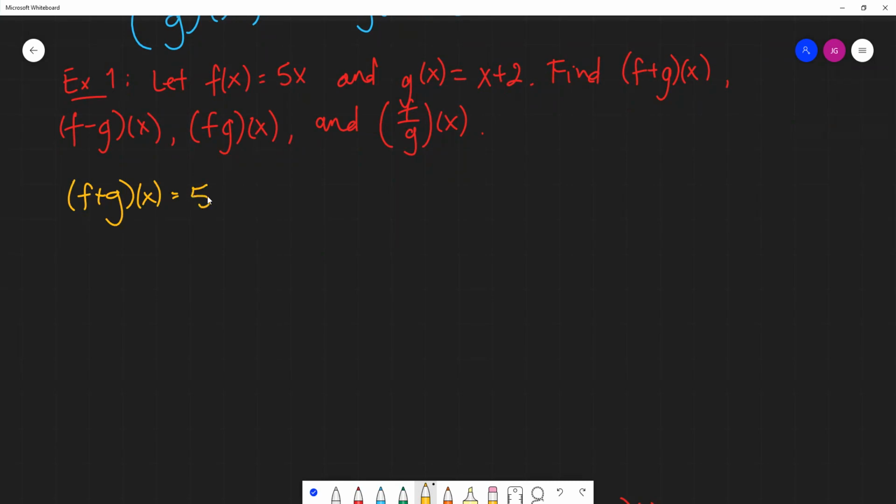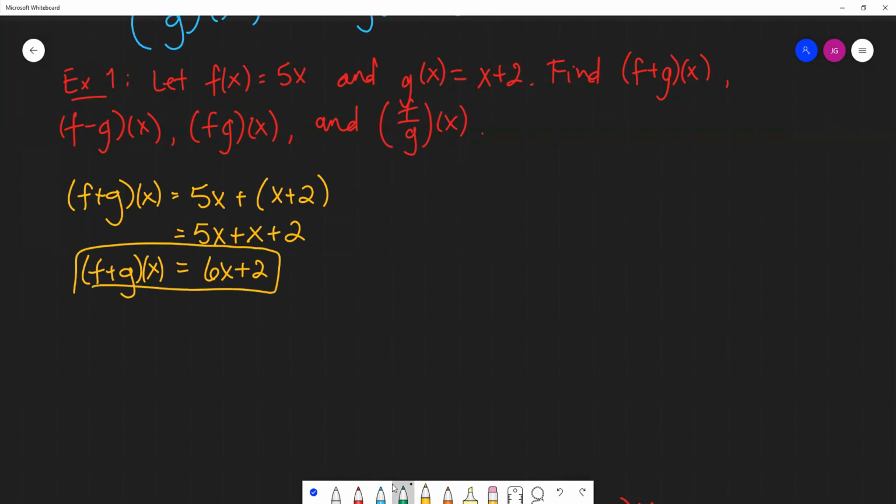So that's going to be 5x plus, I'm going to put parentheses around it for good practice, x plus 2, because it's an entire thing. But really, because it's addition, it's not going to change what I do. It's just going to be the same thing as 5x plus x plus 2. Combine like terms, I get 6x plus 2. So this is my addition function. This is my answer to that.